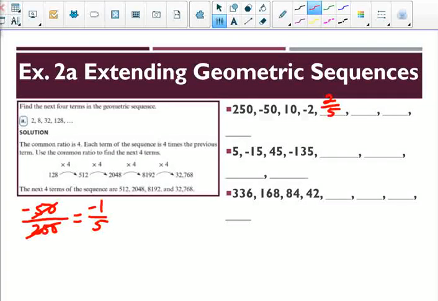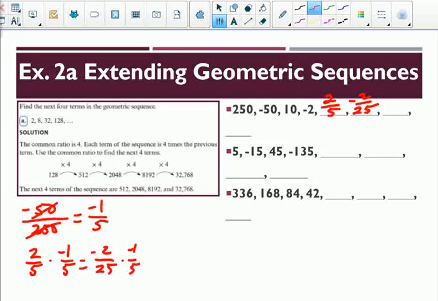And I take my next term, 2/5, and I multiply that by negative 1/5. That will give me negative 2 over 25. So I'll write that down. And then I have to multiply that by another negative 1/5.